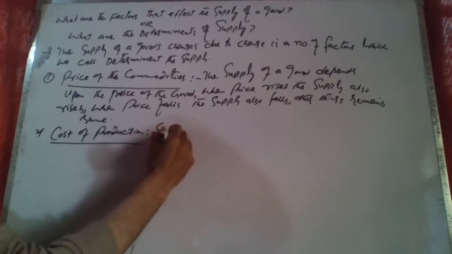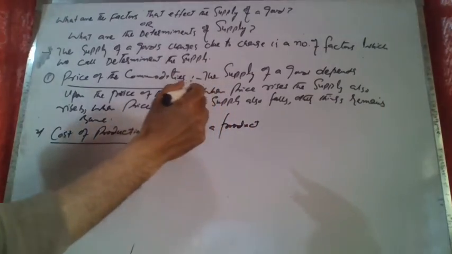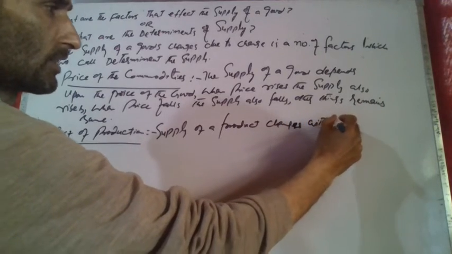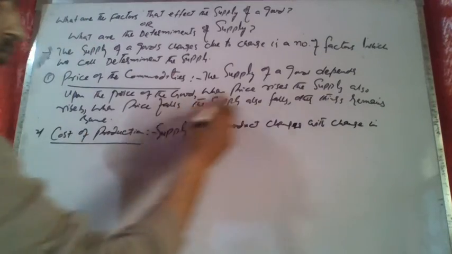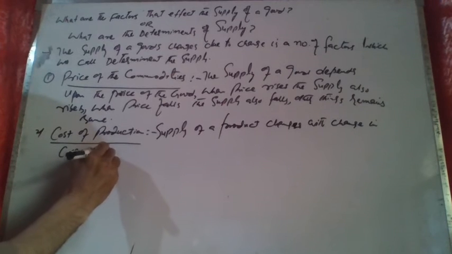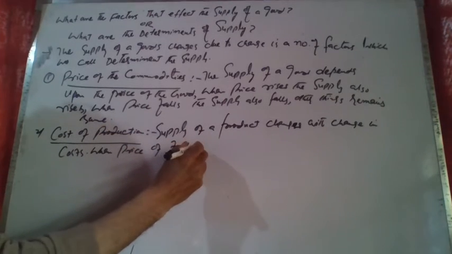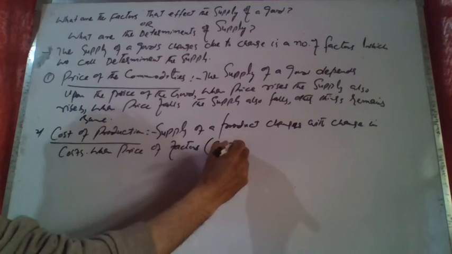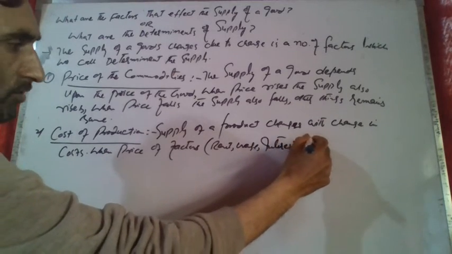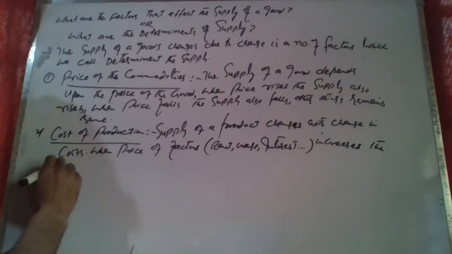So we can say supply of a product also depends upon or changes with change in costs, which change when price of factors, like rent, wages, interest, etc., increase.